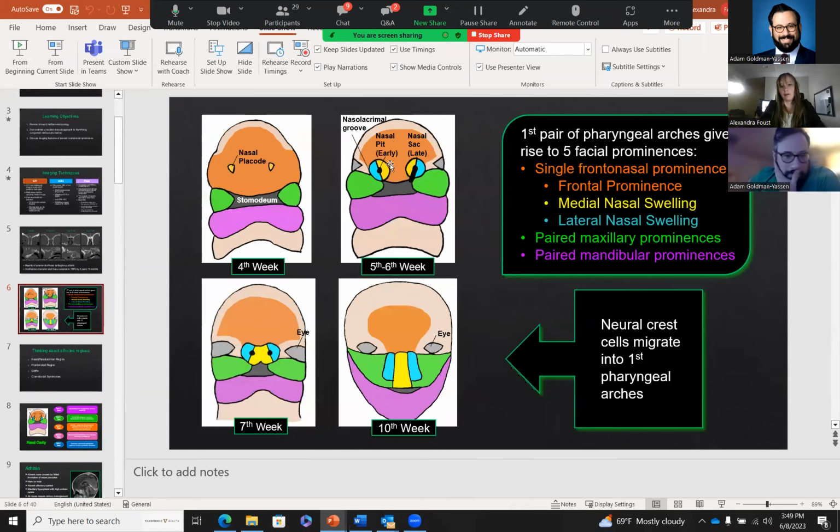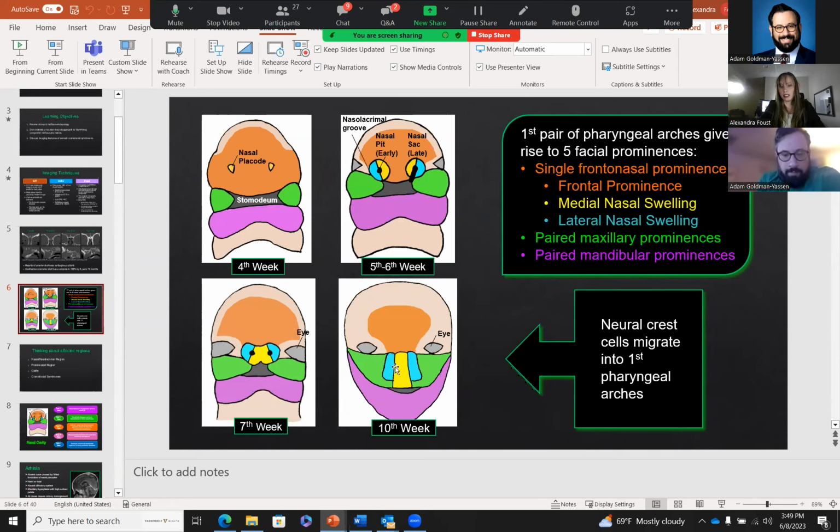So what's happening is, for the primary palate, you've got these medial nasal swellings that are coming together and fusing, and they join these two maxillary processes that are coming together, and that's giving you your primary palate. Your secondary palate is only from these maxillary processes coming together, and they almost zip up behind here.